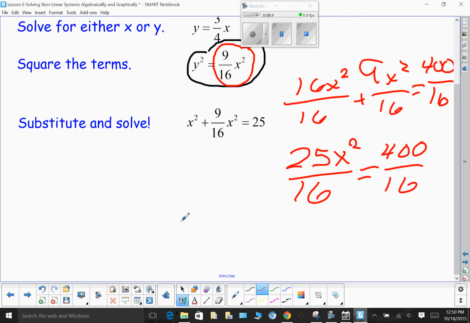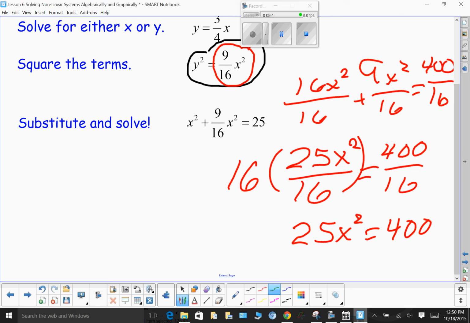Okay. If I multiply both sides through by 16, I'm just going to have 25 x squared is equal to 400. How did I do that? Well, let's take a look. If I multiply this side by 16 and this side by 16, notice that the 16s are going to cancel, and that's what's going to leave me with 25x squared equal to 400.